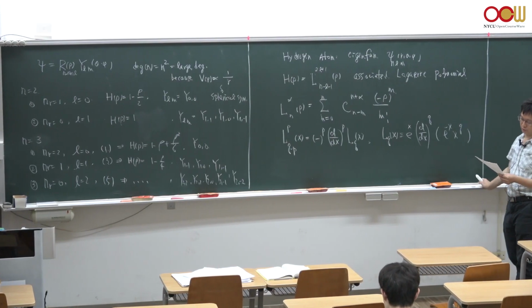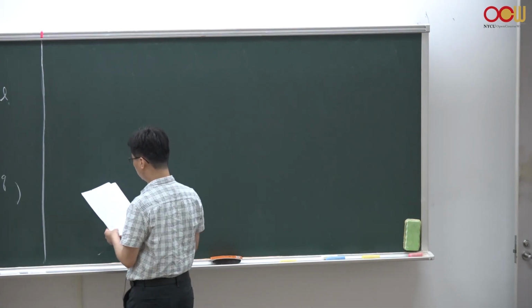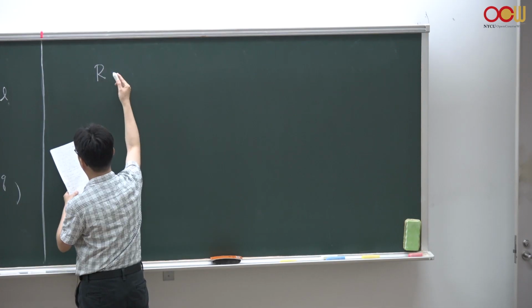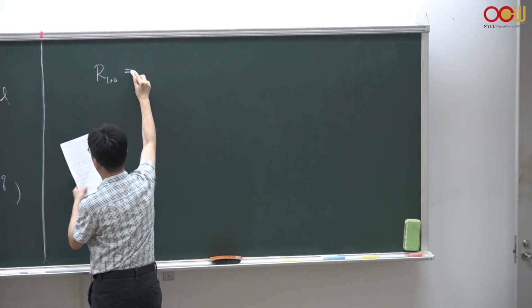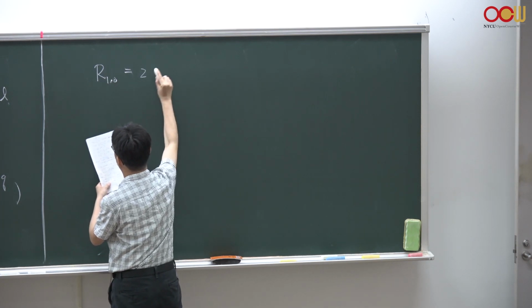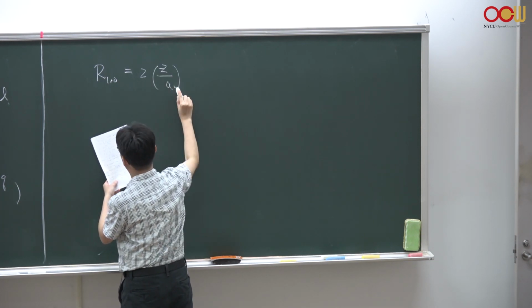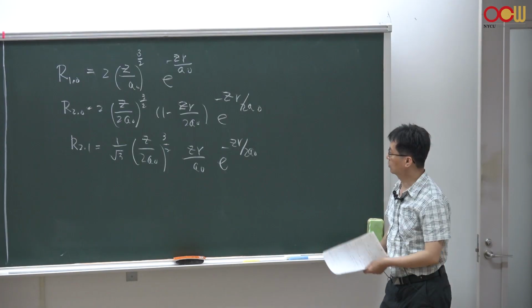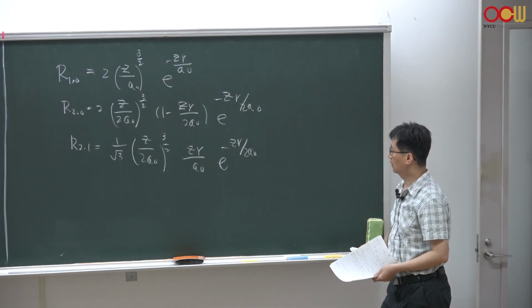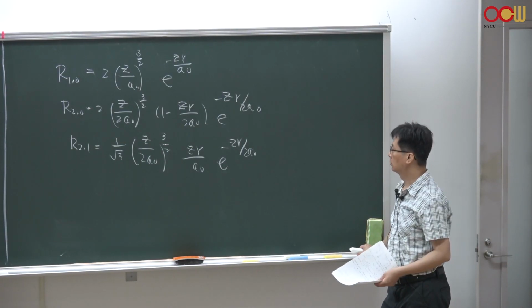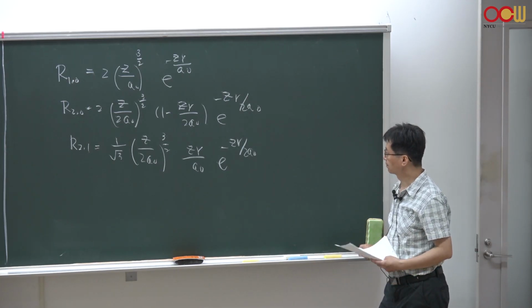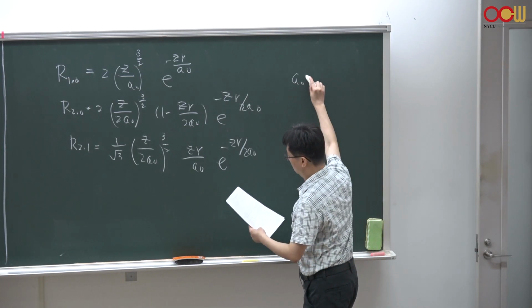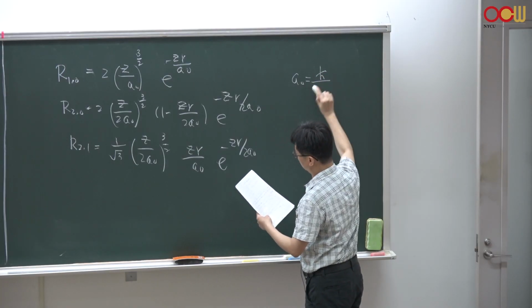Let us just write down the full radius part of the eigenfunction, which is written in our textbooks. You don't need to memorize all these eigenfunctions, but you just need to know how you can derive this radius part of the eigenfunction. Here A0 is the Bohr radius.